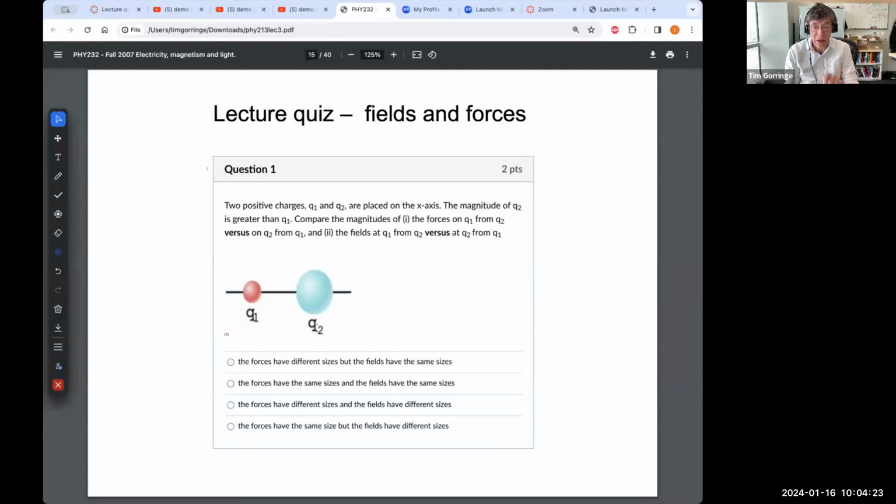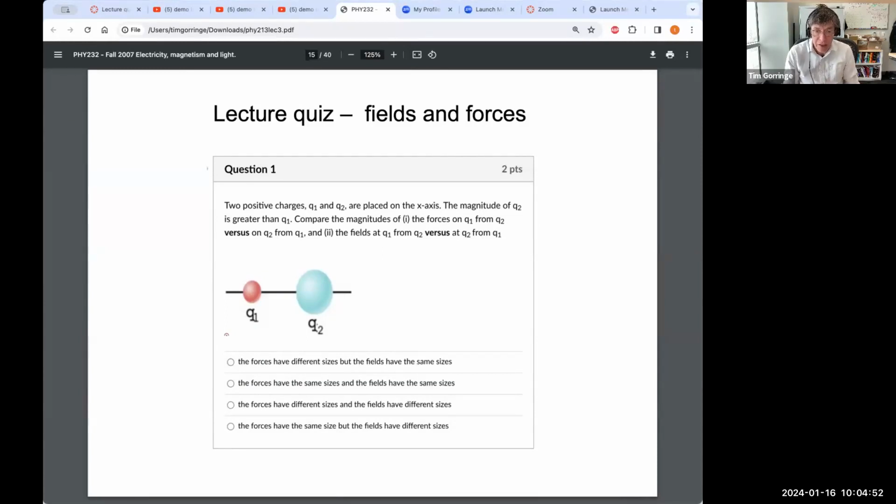So the larger charge here will create a bigger field. The smaller charge will create a lesser field. And so the field surrounding Q2 that's due to Q2 is bigger. The field due to Q1, the smaller charge, the field surrounding Q1 that's due to Q1, is smaller.